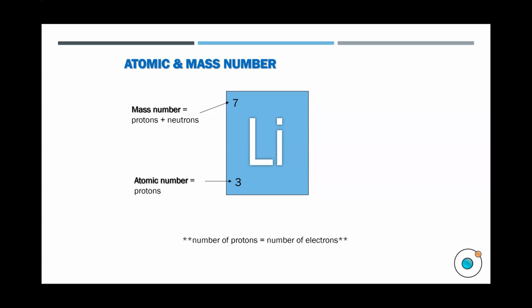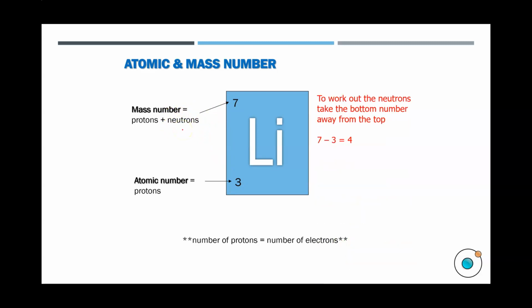Well, what you're going to do is you simply take this bottom number away from the top number. Because if you know there are 7 particles in the nucleus, and you know that 3 of those particles are protons, then what's going to be left, when you take that 3 away, is the number of neutrons.